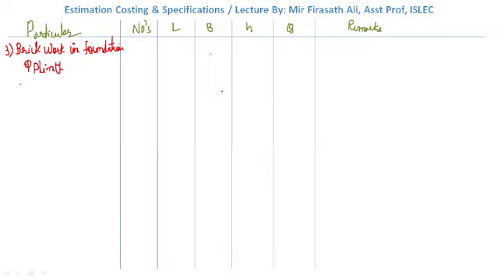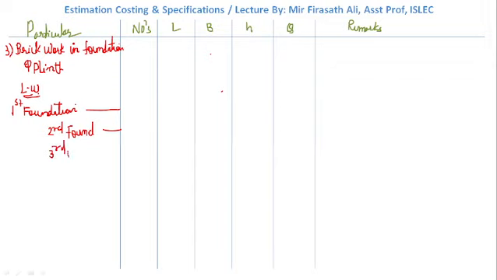First, let us calculate for long wall. In long wall, what do we have? First foundation, second foundation, third foundation, fourth foundation, and we have plinth.